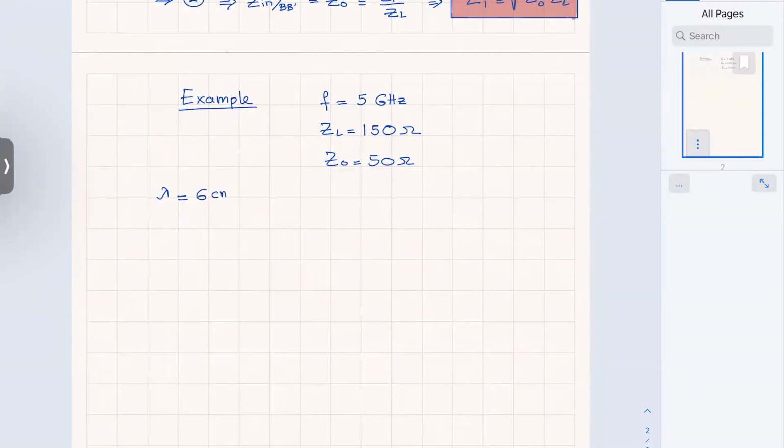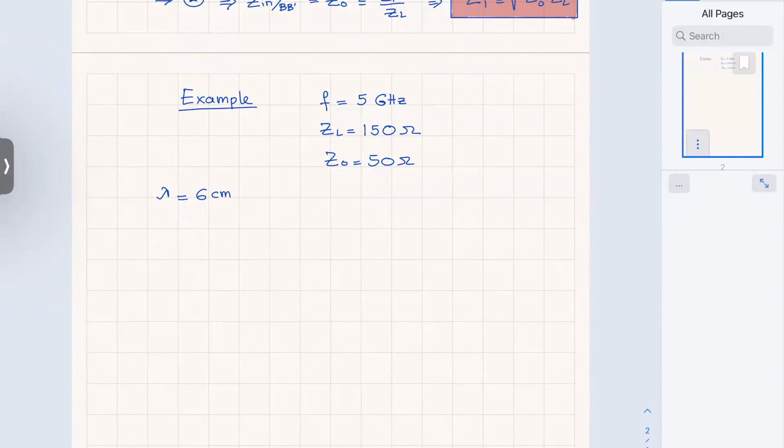Because when I say match it, I mean give me the geometry, give me the specifics, all right? So in this case, if somebody tells me that and I see that my load is 150 ohms, I would say I'm going to use the quarter wavelength transformer.